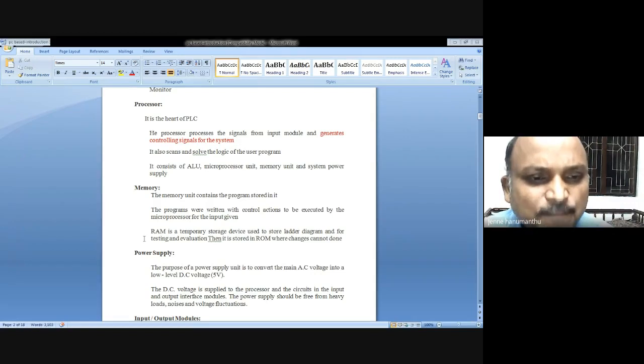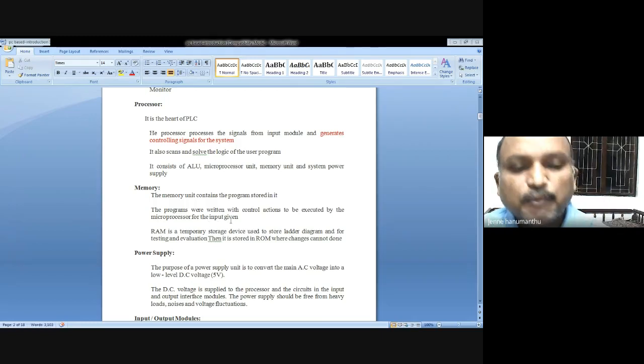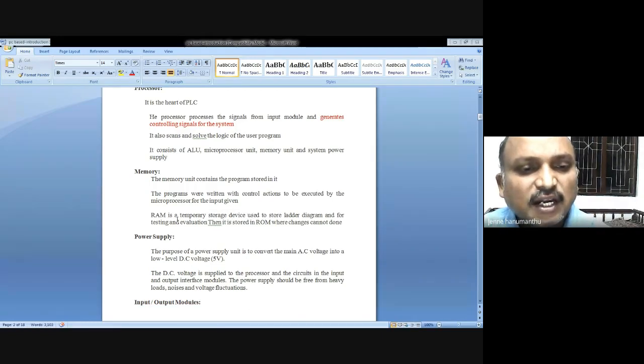The programs are written with control actions to be executed by the microprocessor for the given input, right? RAM is a temporary storage device used to store the ladder diagram and for testing and evaluation. Then it is stored in ROM, where changes cannot be done.